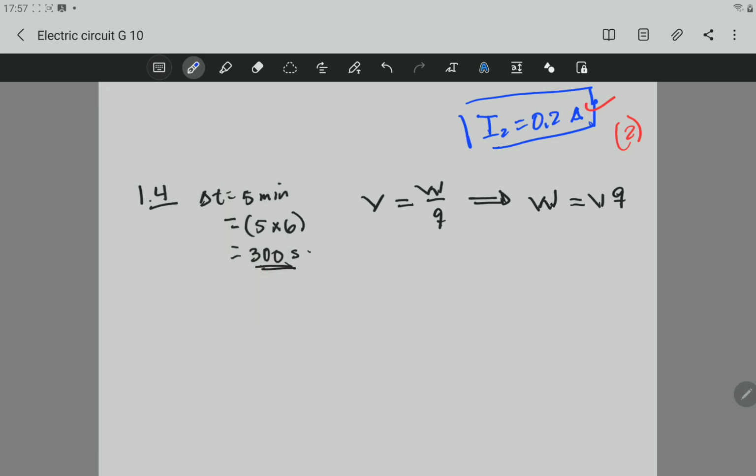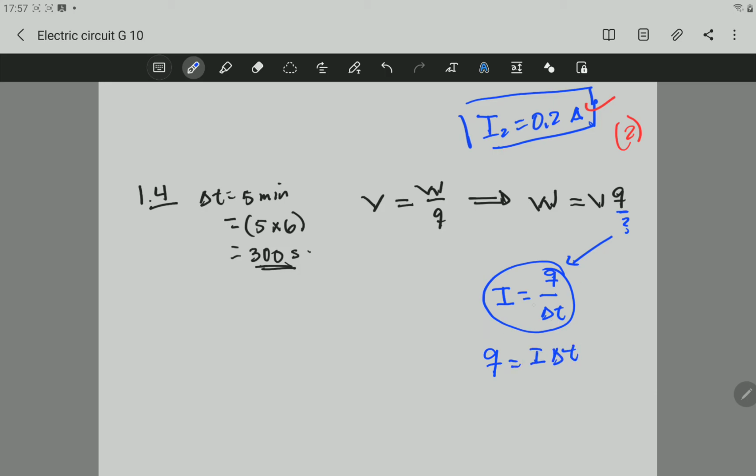However, we do not have the charge. Where do we look for the charge? The current is equal to the charge per unit time. It's the rate of flow of charge. If you rearrange this formula, the charge is equal to current multiplied by time.